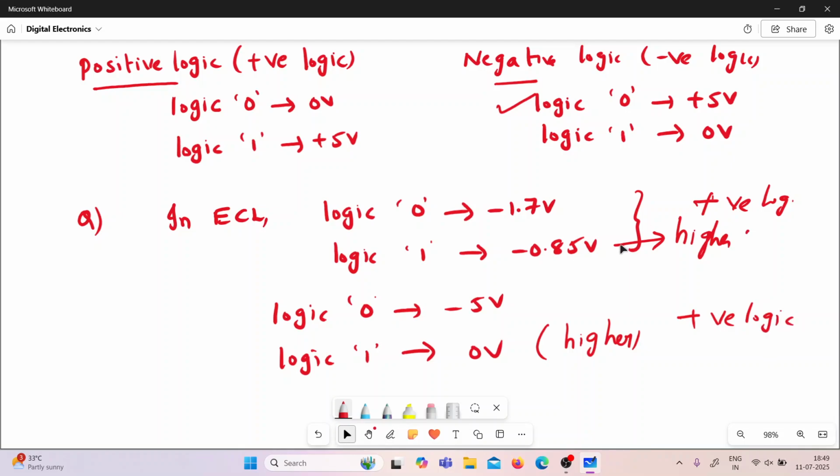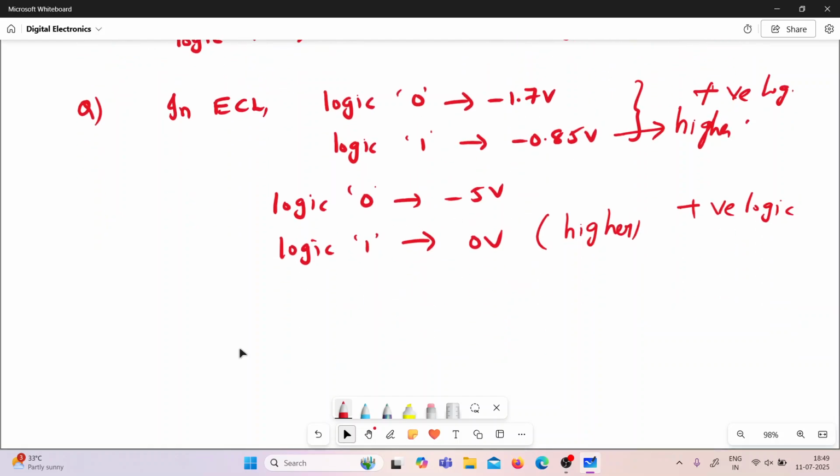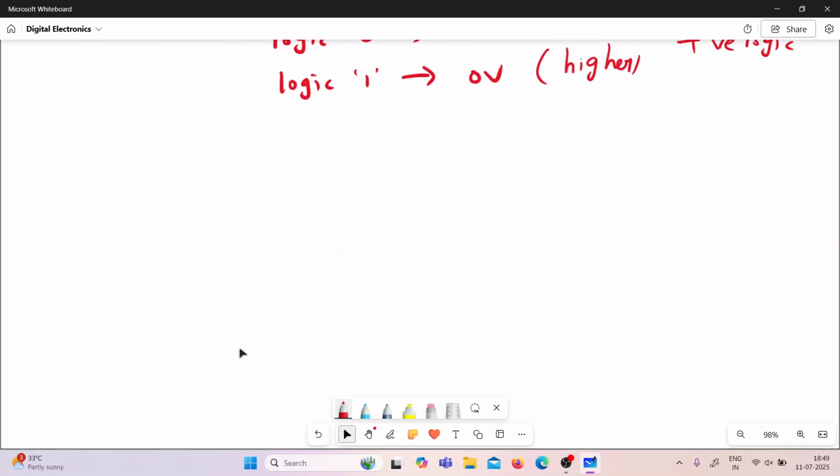This is a very simple question, but sometimes you are given a truth table and you need to write which type of logic and what type of gate it is. To understand that, let us consider the truth table of the AND gate, which we already know.